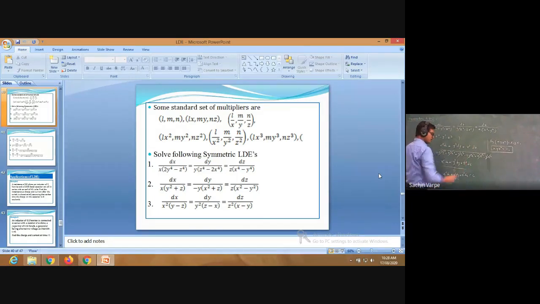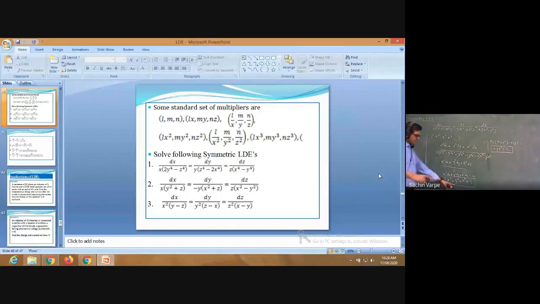So by multiplying both sides by 4, I get x raised to 4 plus y raised to 4 plus z raised to 4 is equal to C2 dash, or C2 only. See, the constant doesn't matter. The right hand side is only the constant. You can write C2, 4C2 or C2 dash, or let it be C2 only.